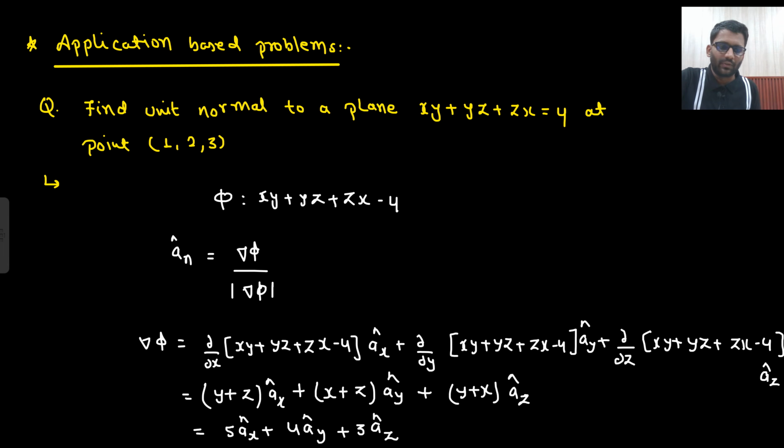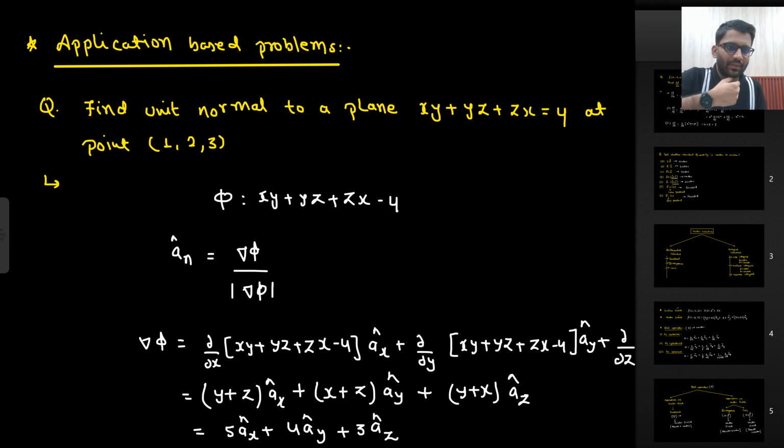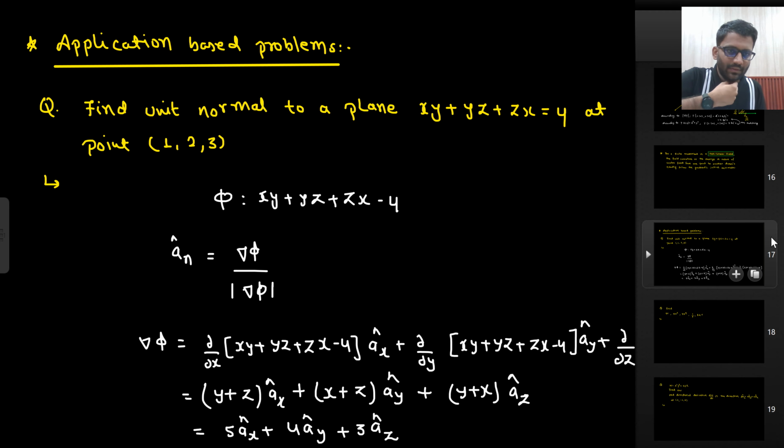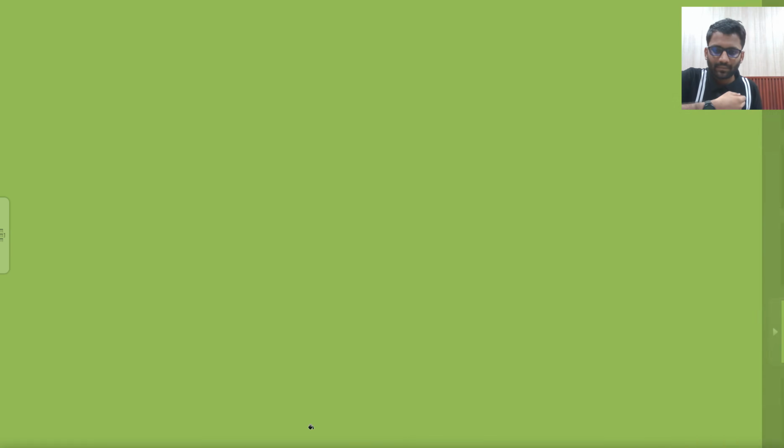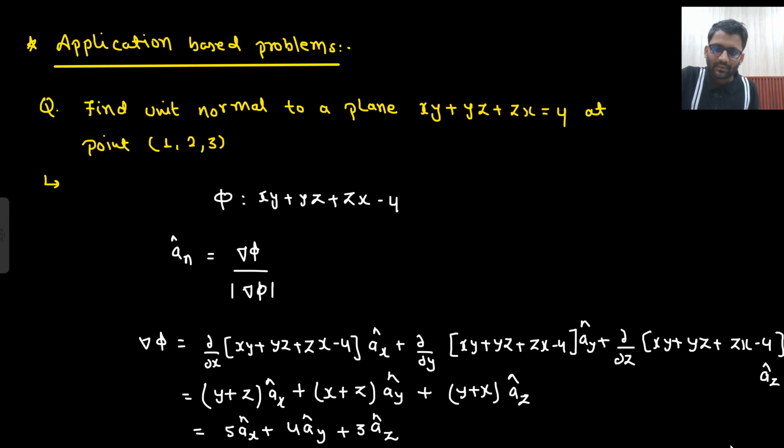So we don't have any page, so I will add it up. So del phi you are getting 5a_x cap plus 4a_y cap plus 3a_z cap.